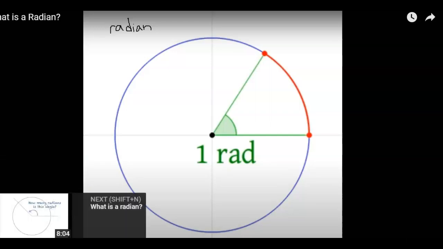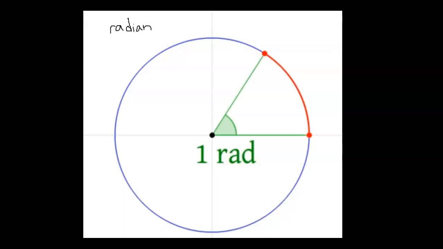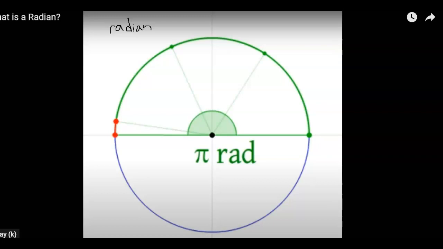And so if we look and see how many radiuses fit around the circle, you can get a couple. There's 2, and then you can get 3, and then there's just a little bit left over, and that's what makes it pi radians. 3.14: 3 full radiuses and 0.14 of a radius, and that's actually pi radians.